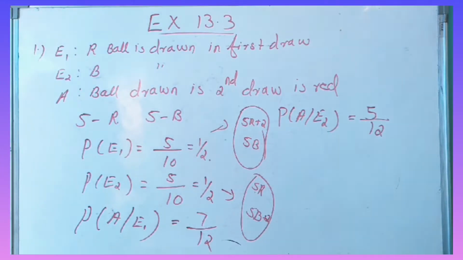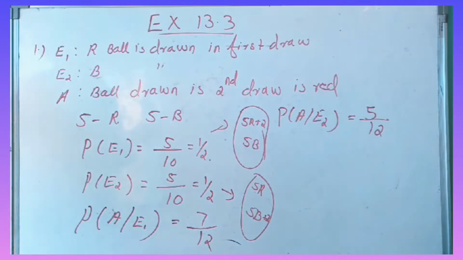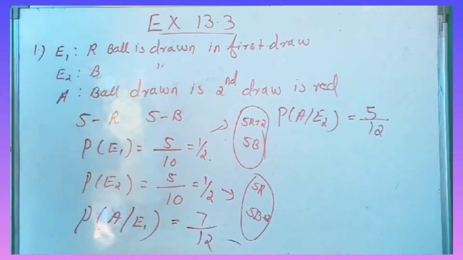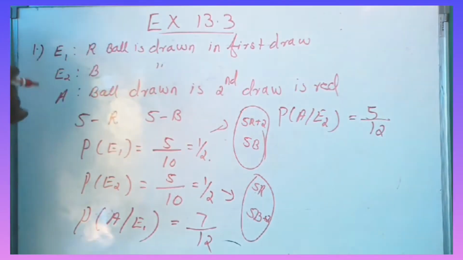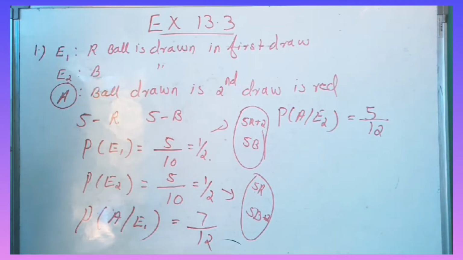Clear? Now, in this question we need to find the probability of getting a red ball in the second draw. That means we need to find out the probability of A. If we want to find out the probability of an event, then we will use the theorem of total probability.